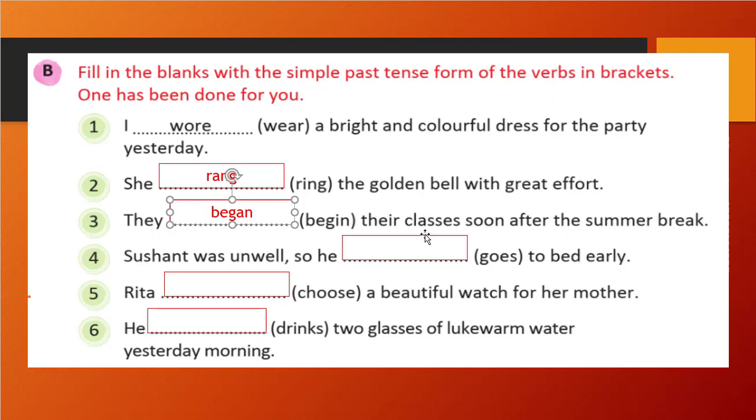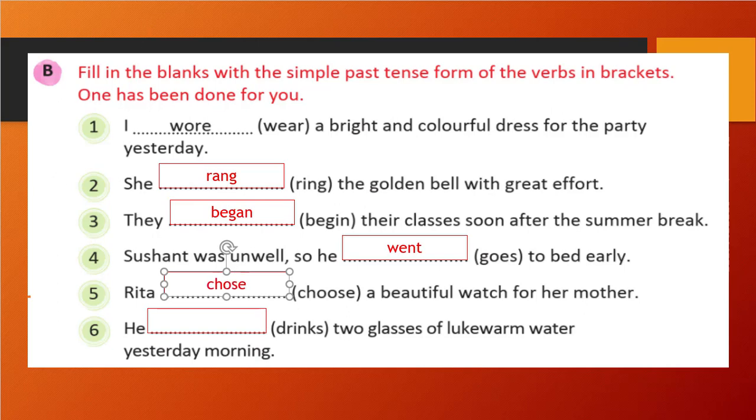Similarly, the fourth one: Sushant was unwell, so blank goes to bed early. So goes means it is go, right? Go's past form is went. So he went to bed early. Similarly here, choose, past form is chose, right?